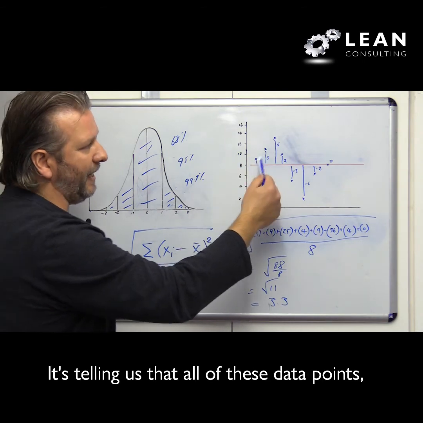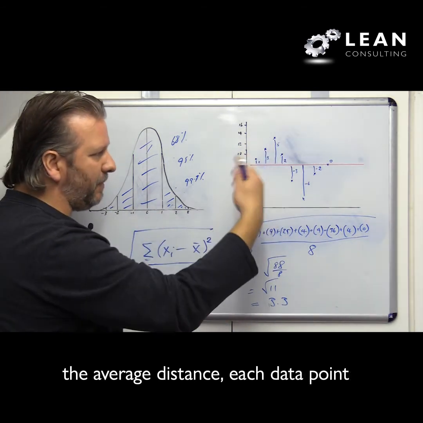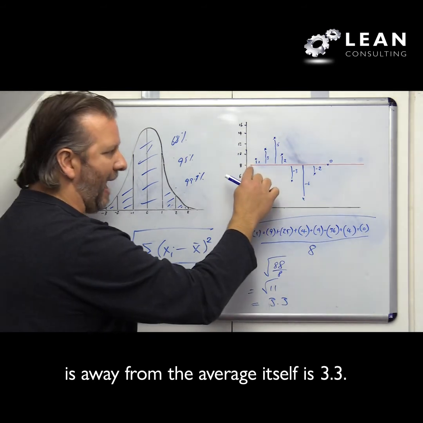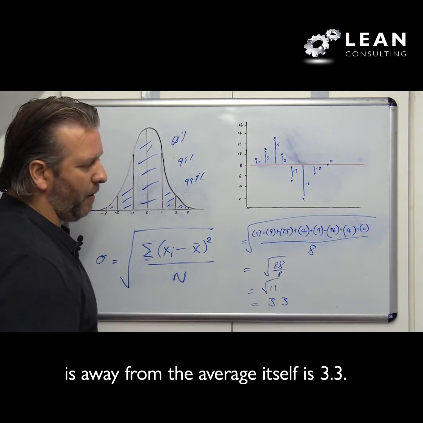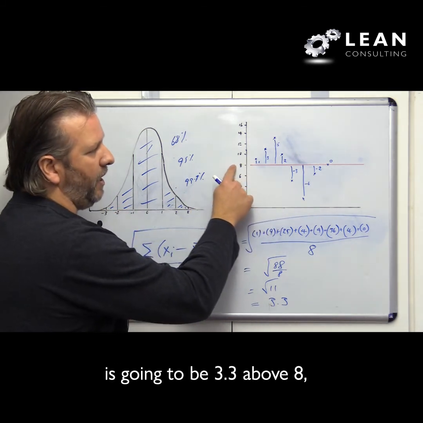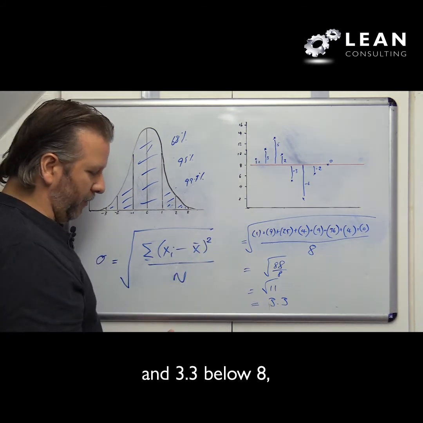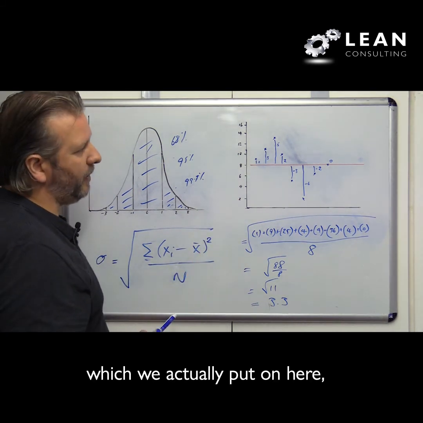So we've just done this really complicated formula here, and we've just had a look at this data here, and it's telling us that the average distance each data point is away from the average itself is 3.3. So one standard deviation is going to be 3.3 above 8 and 3.3 below 8, which we could actually put on here.